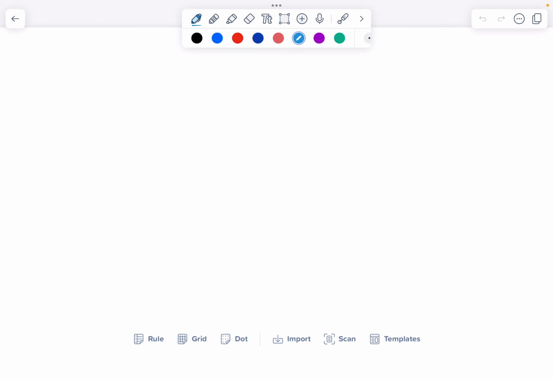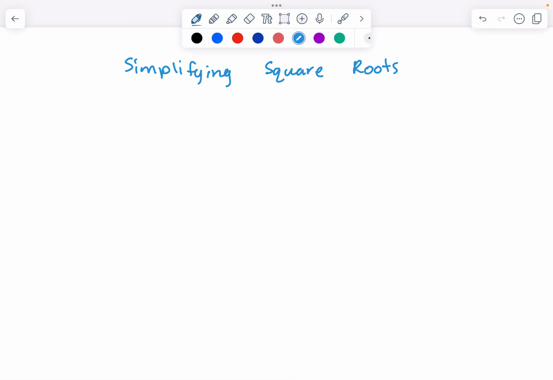Before we can start talking about simplifying square roots, we have to first understand what a square root is asking. If you were asked what the square root of 4 is, you would say 2, because 2 squared, or 2 times 2, equals 4.